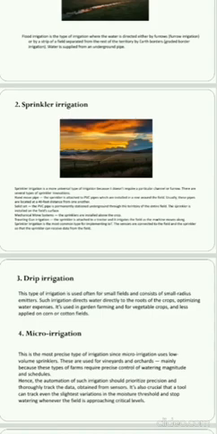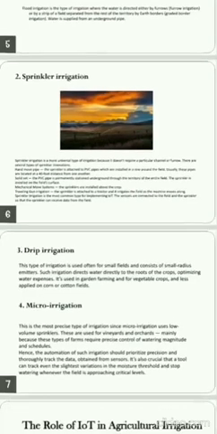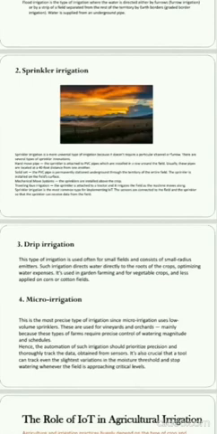Point four, micro irrigation. This is the most precise type of irrigation since micro irrigation uses low volume sprinklers. These are used for vineyards and orchards mainly because these types of farms require precise control of watering magnitude and schedules.